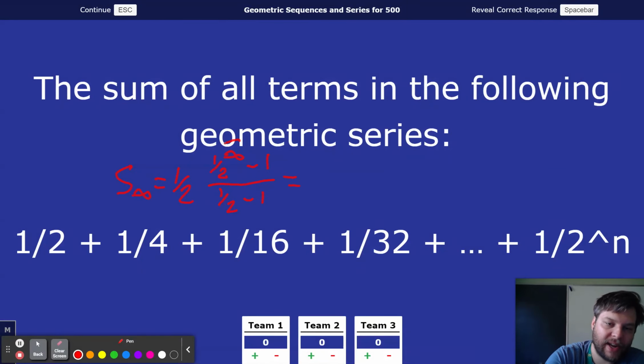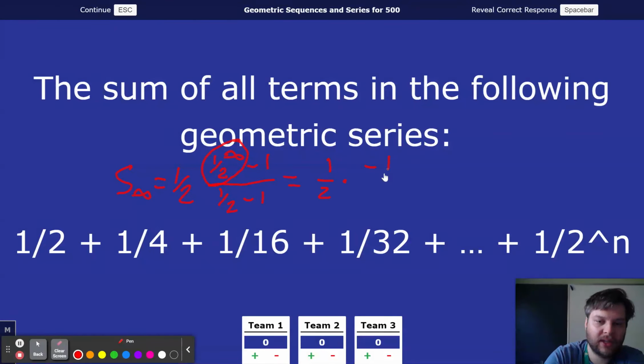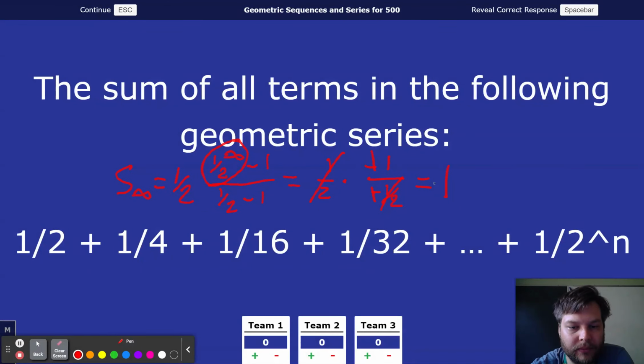If you raise a fraction to a really big number, you get a really small answer. So what we say is a half raised to the infinity power is 0. So we really just have a half times negative a half over negative 1 over negative a half. That is a half over a half. Negative over negative is 1. Okay, there we go.